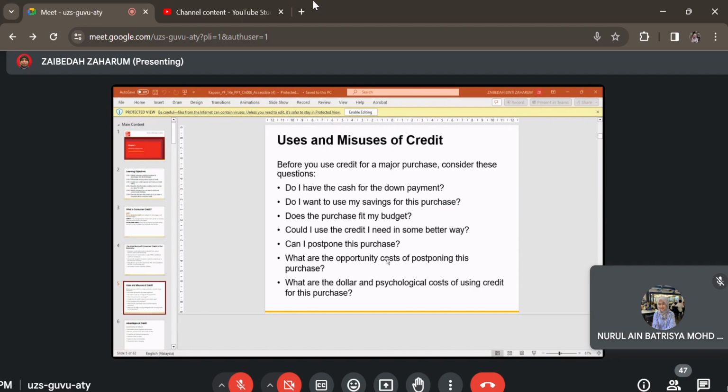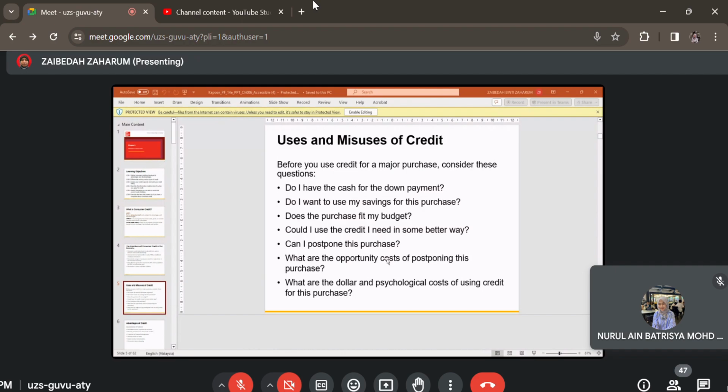Do I have the cash for the down payment? Selalunya this question is for the individuals to assess whether they have enough money available to make a down payment on the purchase. Dan selalunya emphasize the importance of having sufficient cash reserve to cover a portion of the cost upfront, which can help reduce the amount borrowed and potentially lower monthly payments ataupun interest cost.